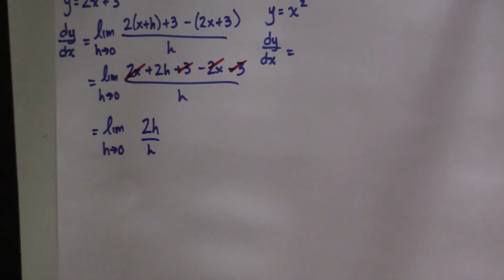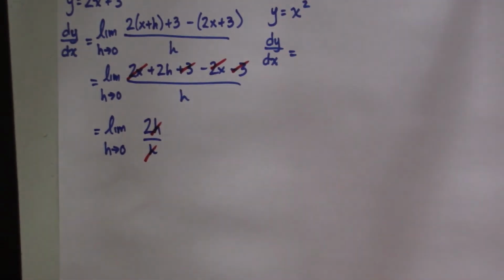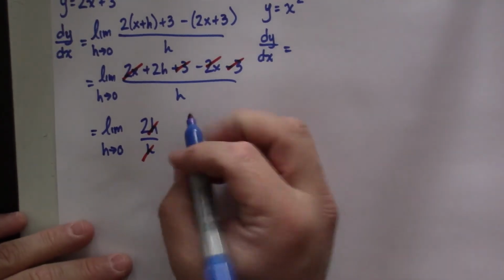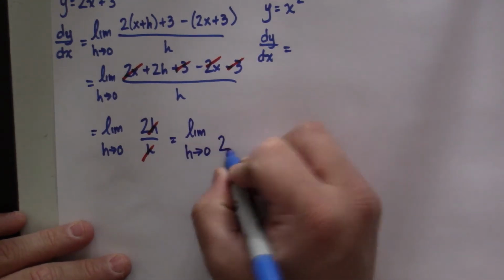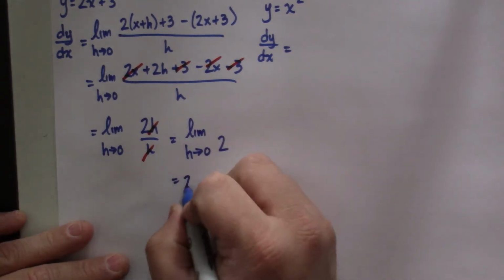I'm dealing with a limit, which means I could pretend that h over h cancels, leaving me with the limit as h goes to 0 of 2, which is simply 2.